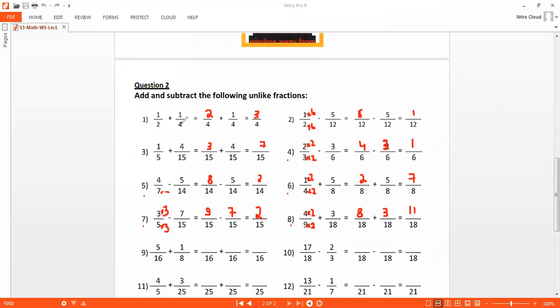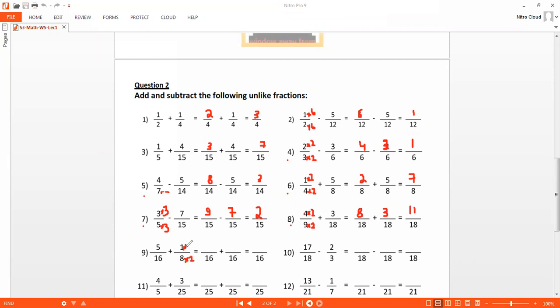Now I want Selena. Yes. Yalla, Selena. 5/16 plus 1/8. Sorry. 1 times 2. Yani we multiply the second fraction by 2. Yes.